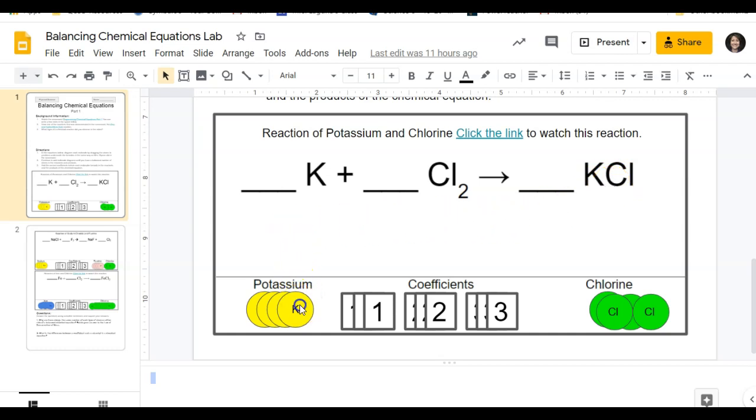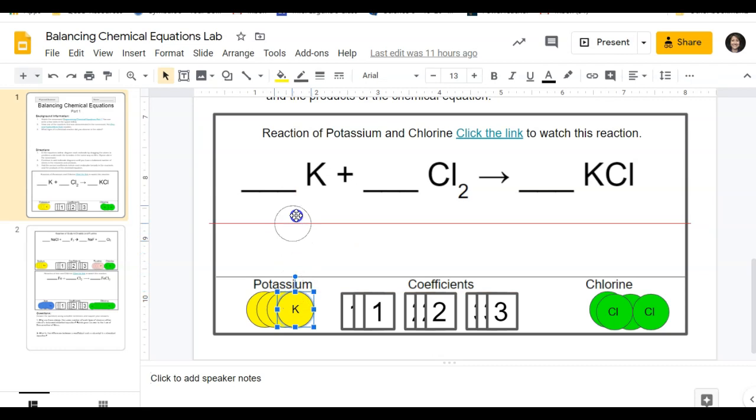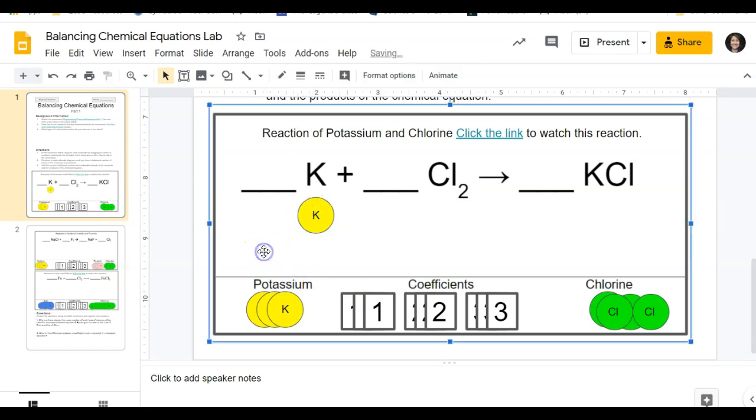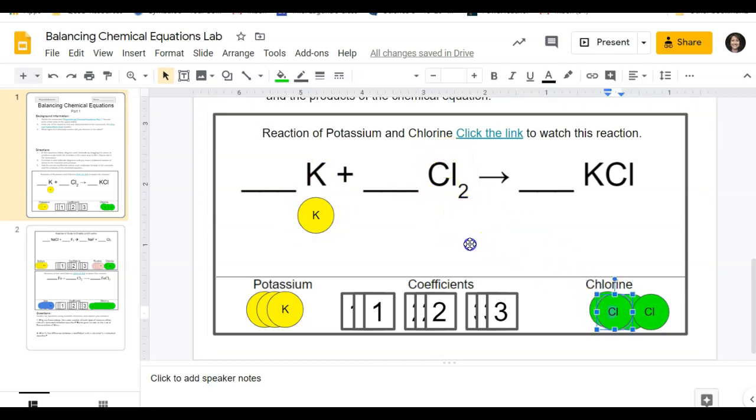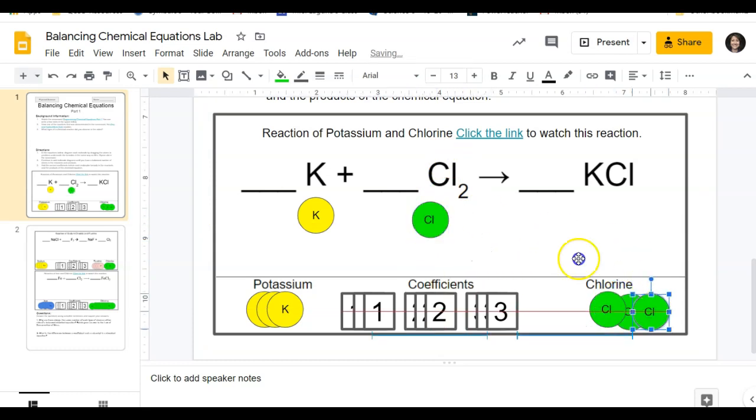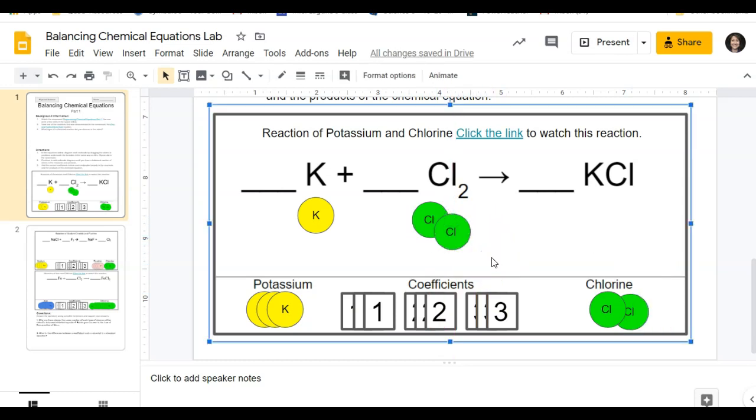So I'm going to take a potassium and model the potassium like that. So you can see potassium is 1 single potassium atom in this equation. Chlorine, we need 2 atoms of chlorine because the subscript 2 tells us that there are 2 atoms in a chlorine molecule.